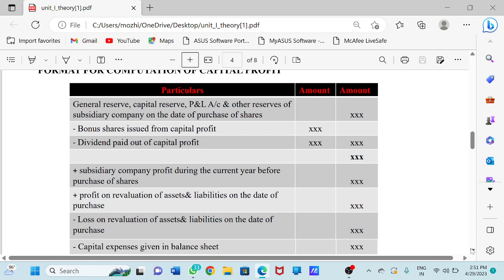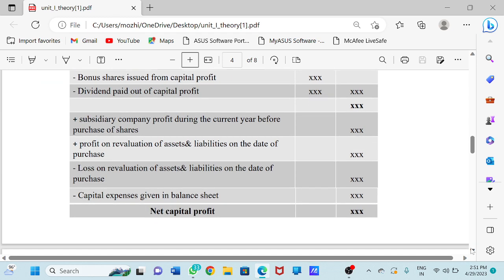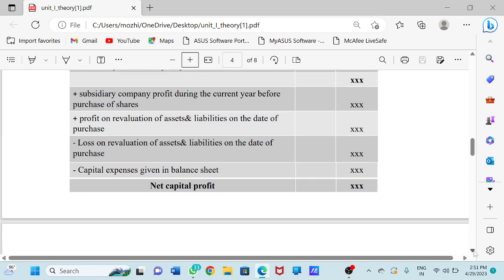And if we have any revaluation of assets, that is nothing but ascertaining the value of assets and liabilities again. If we have profit, we will add back. If we have loss, we will deduct it. And if we have capital expenses given in the balance sheet, again we will deduct. After doing all these workings, we will be able to arrive at the capital profit.